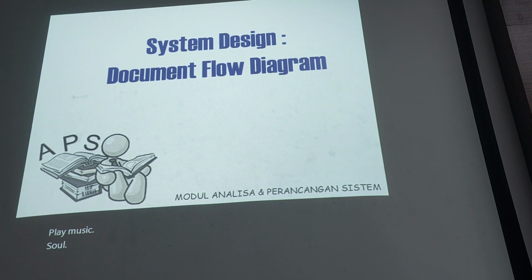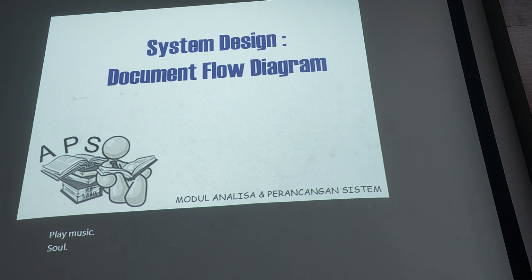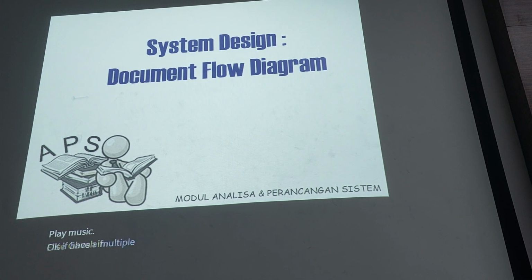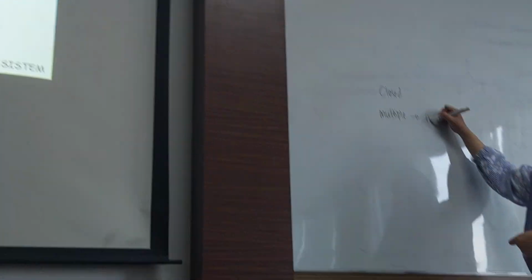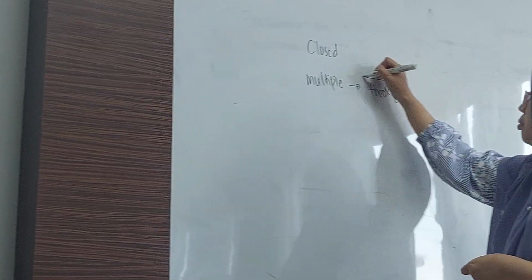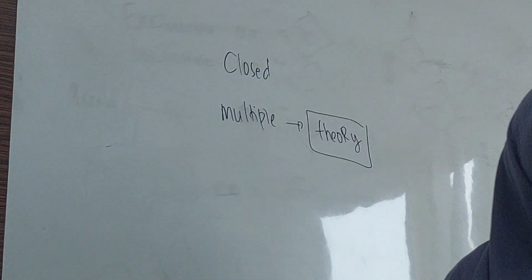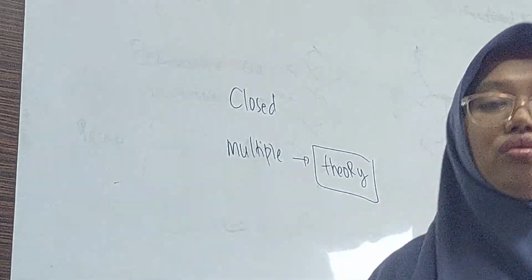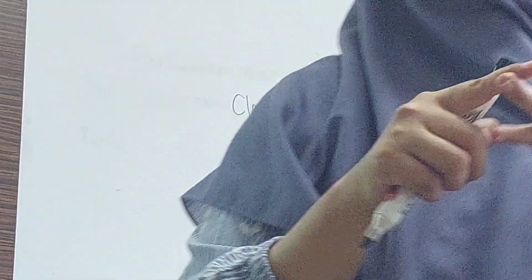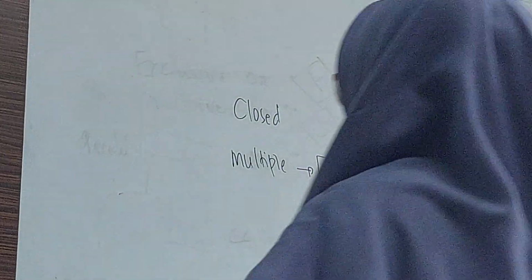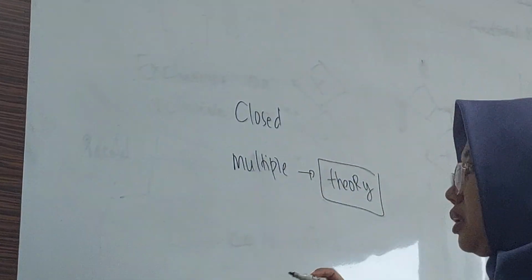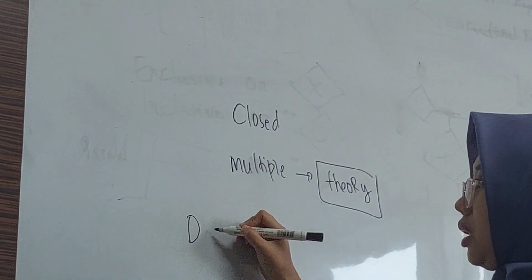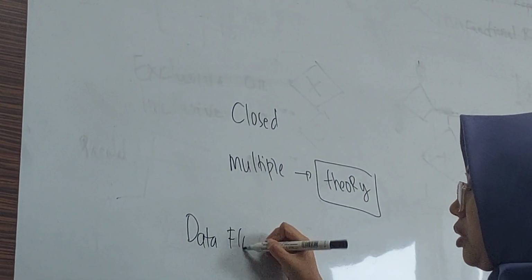This is close. If you have a multiple choice, and maybe some definition, like you know about miracle, black hole, like that, and then about some in data flow diagram.